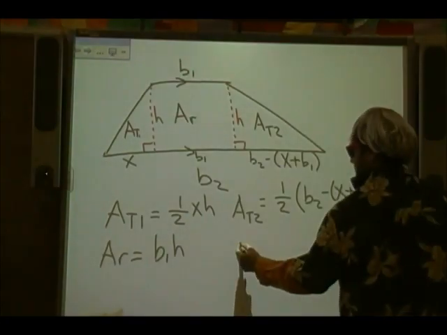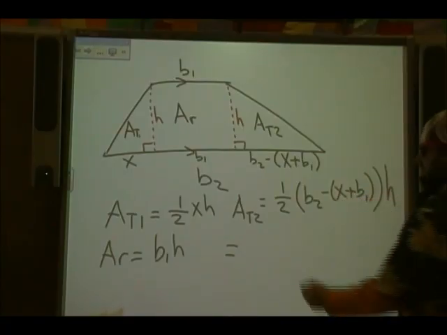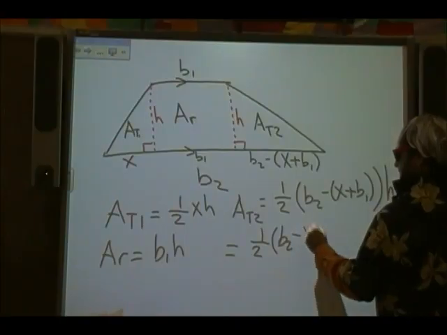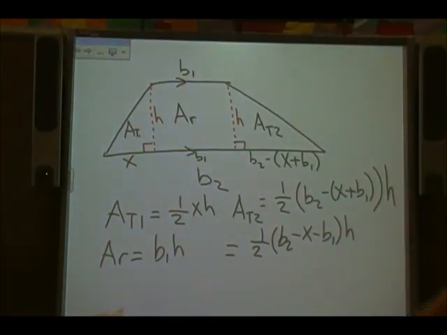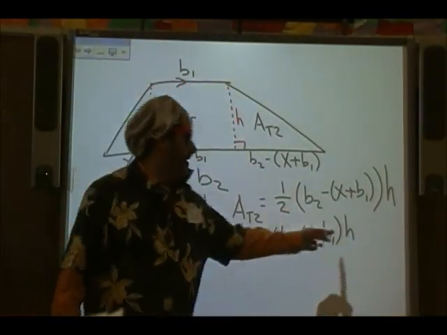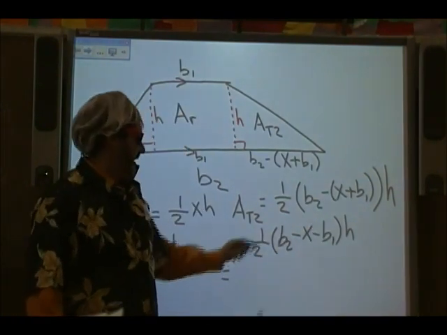Now, we can solve this. Well, in the parenthesis, I have B2 minus X minus B1 times the height. And I can put this all together. Keep the height.